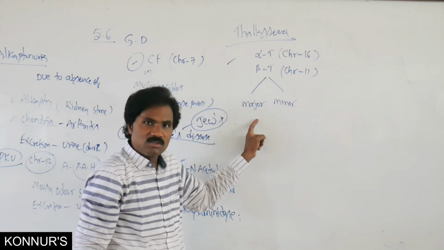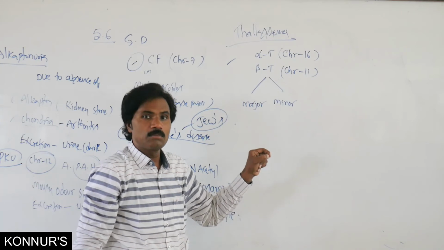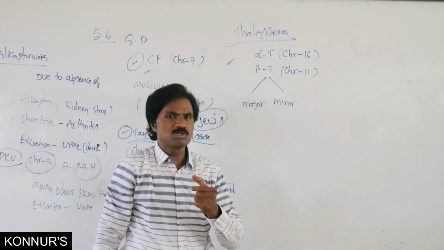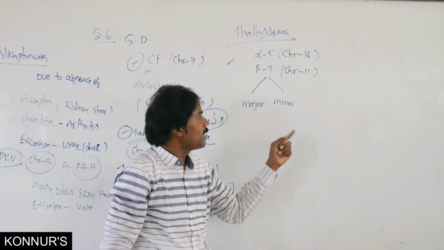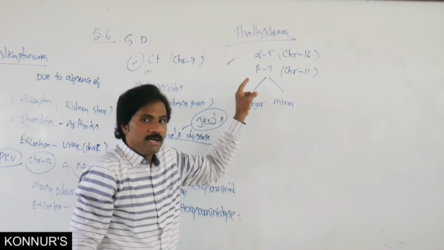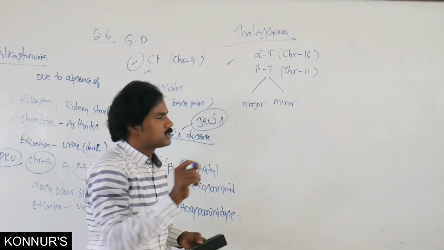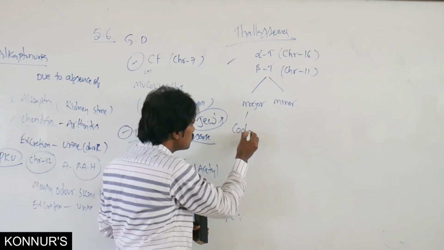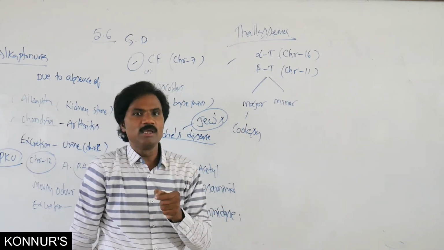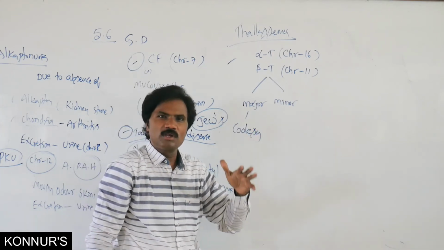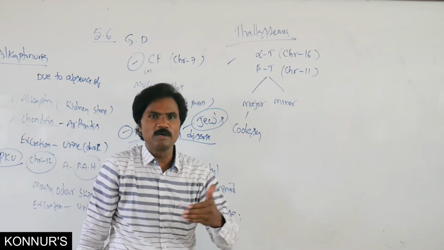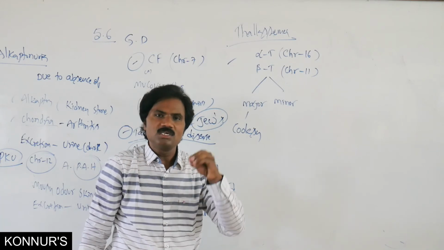In major thalassemia, both genes are affected, both genes are defective. In minor, one of the genes is defective, but externally it may not be identified; it is present asymptomatically. Major beta thalassemia is a severe illness, otherwise called Cooley's disease. It is a severe illness apart from anemia because of suppression of the chains: alpha chain, beta chain, gamma chain, delta chain, all these chains are suppressed.